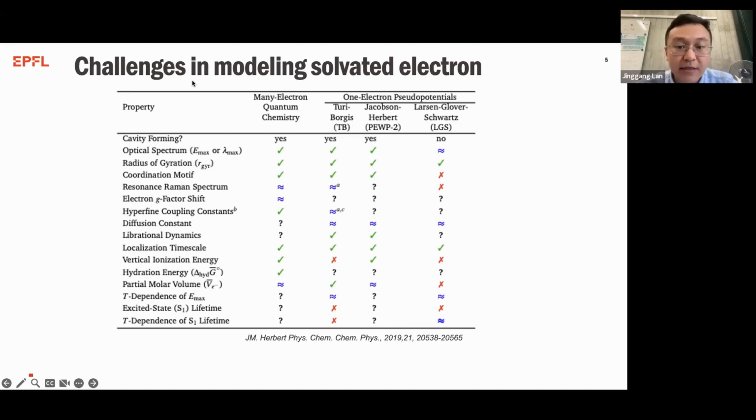One can also use a more accurate many-electron quantum chemistry method to simulate the solvated electron. As one can see in this table, many of these properties haven't been accurately predicted, and there are many phenomena for which no insight has been provided.